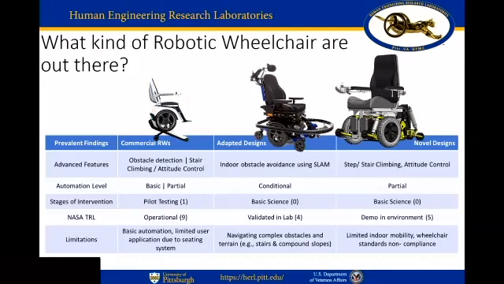And the last thing is novel devices, especially such as this chair. Again, we've seen some basic science approach and some partial user testing with actual real power wheelchair users. But they're still very much in development.